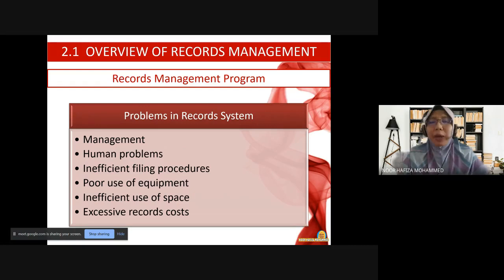When you have an efficient filing procedure, it is easy to retrieve the document. Then the poor use of equipment: you have the equipment, but you are not using it properly or wisely. Inefficient use of space: maybe you use a lot of space for the storage of records. And lastly, excessive record cost is the cost that is incurred when you do not maintain your records wisely.